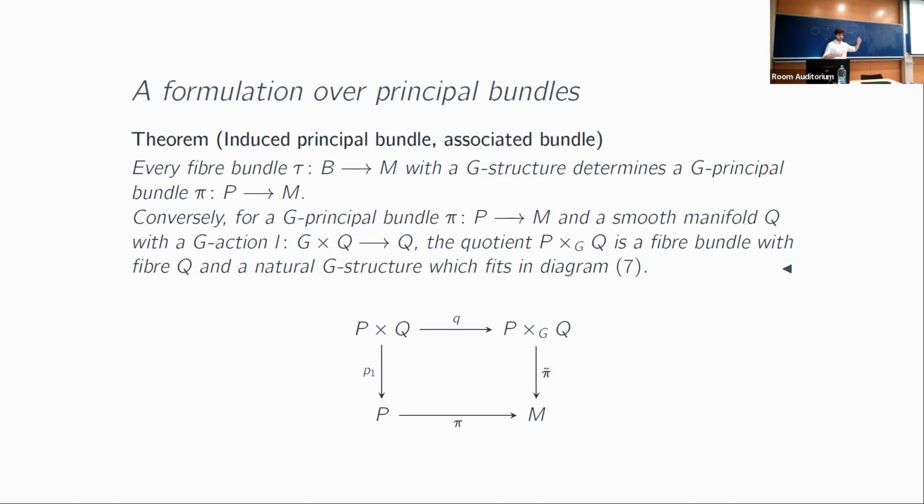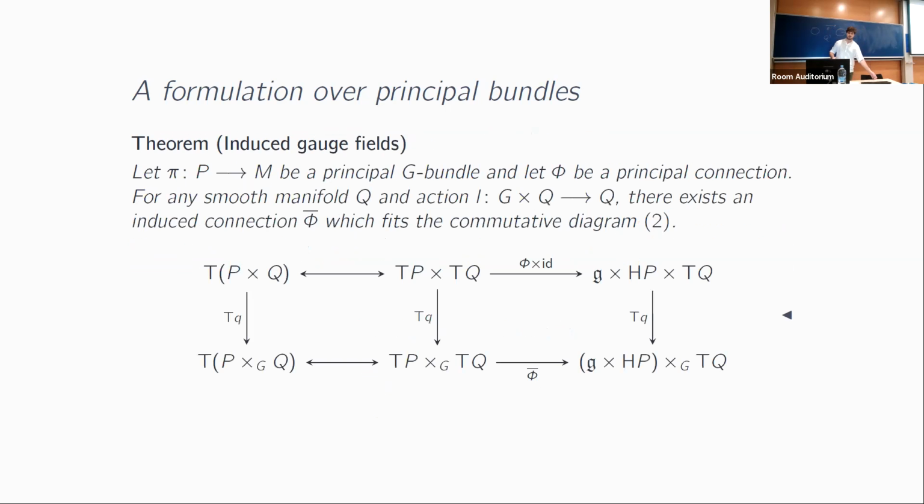And we have this theorem, which you can find in any classical differential geometry book, which tells you how to construct a fiber bundle with G structure starting from a principal bundle. This is the associated bundle construction. And the same happens with connections. You can induce a gauge field from a principal gauge field, or a gauge field on a principal bundle.